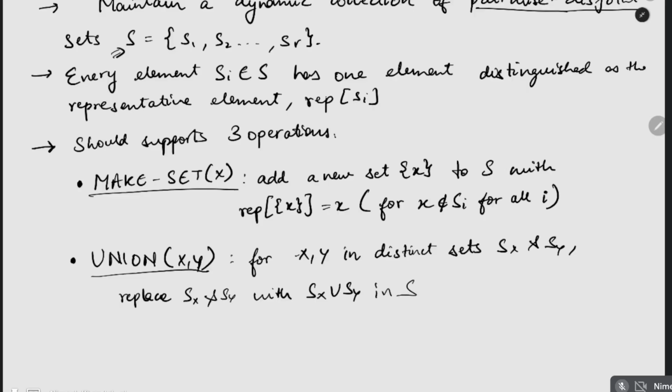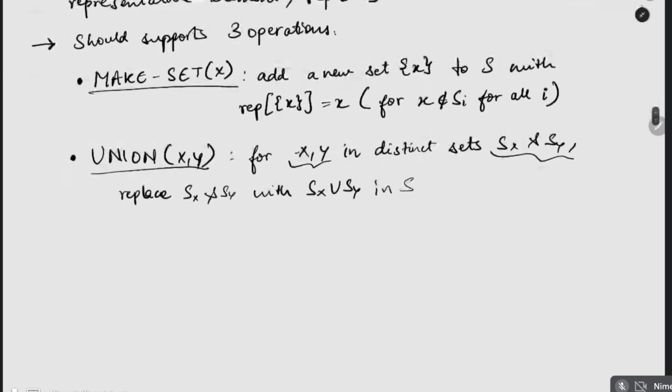Whichever two sets contain these elements X and Y, we perform a union of those sets, and that forms a new single set inside the collection capital S.